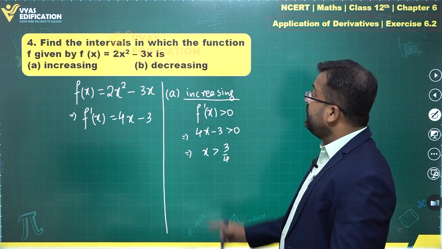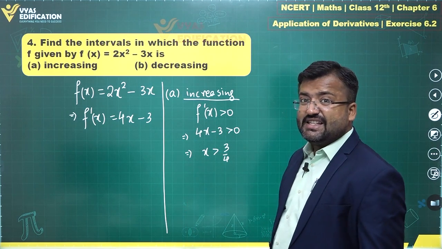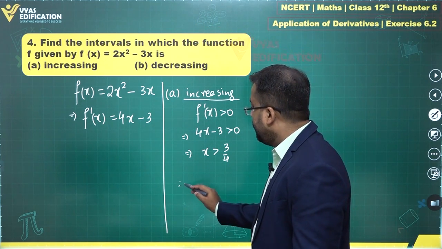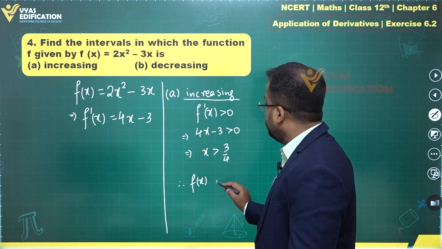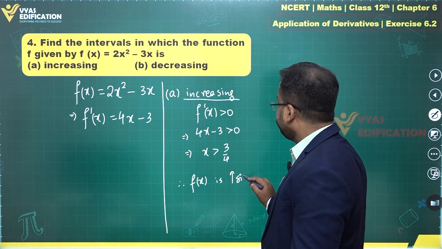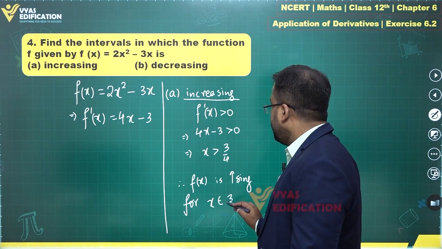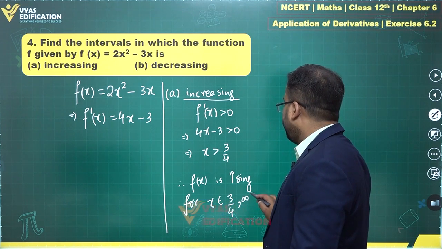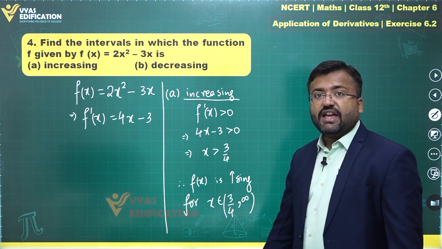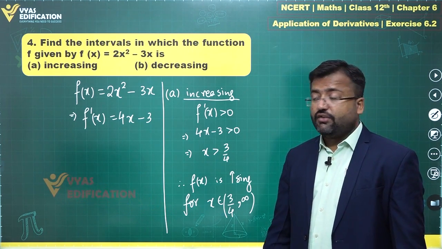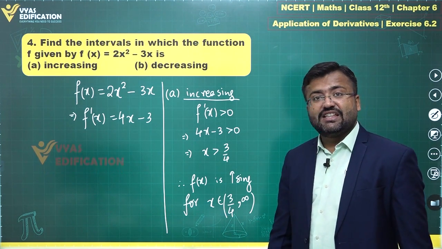So the interval in which the function f given by this is increasing will be, therefore, f(x) is increasing for x belongs to (3 by 4, infinity). You can say the function is increasing in this way.